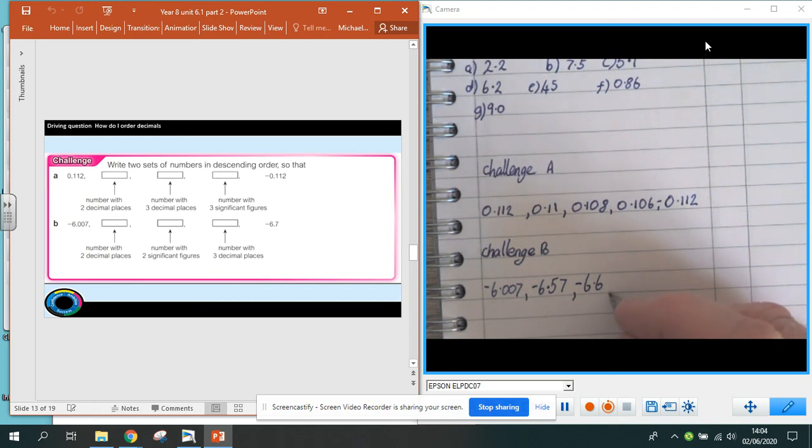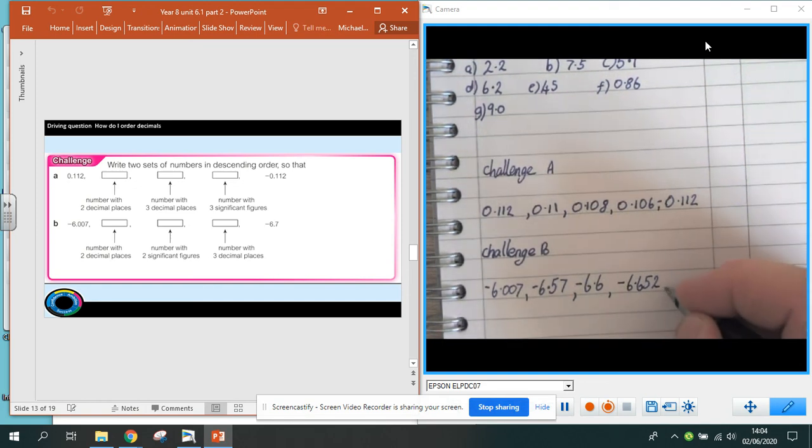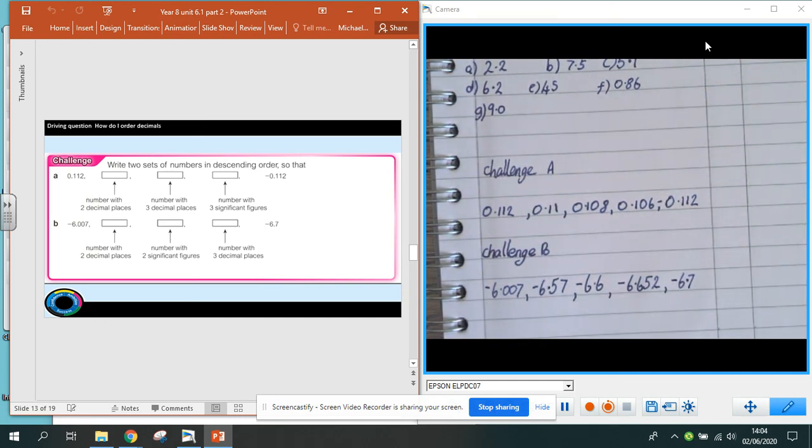I'm going to have minus 6.652. It's bigger than that, and then finishing it off with minus 6.7. Again, you can have any numbers that you want in there, so long as they follow the rules. If you need some time to redo your answers, or you just want to copy down mine, as long as you understand why, that's fine.